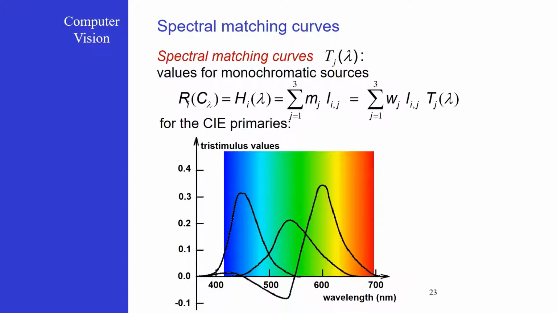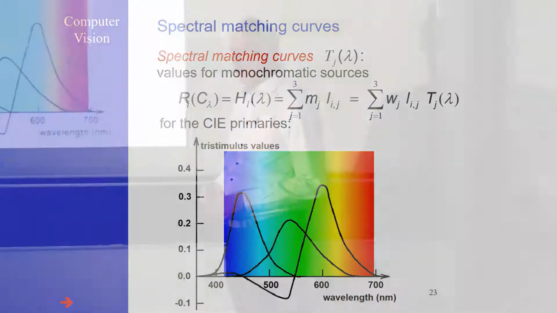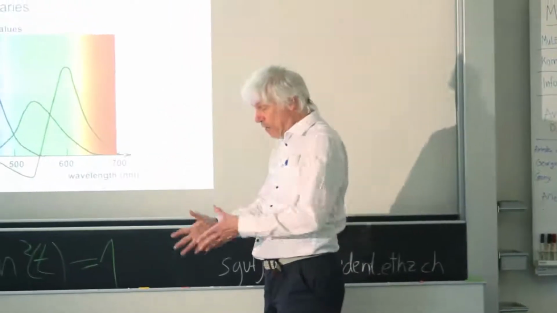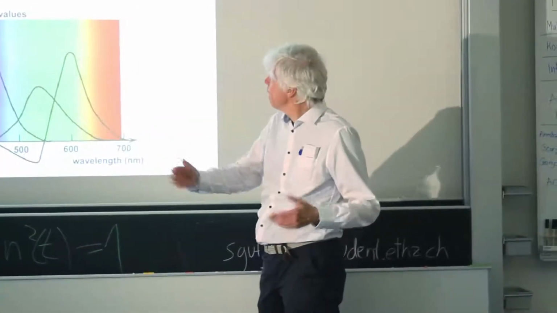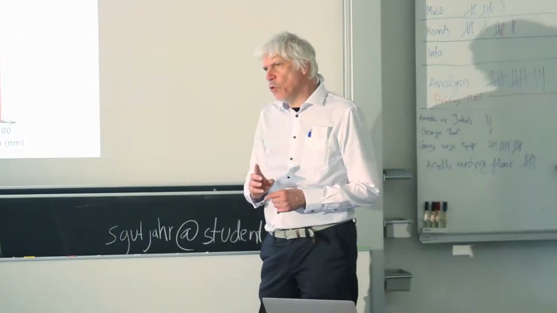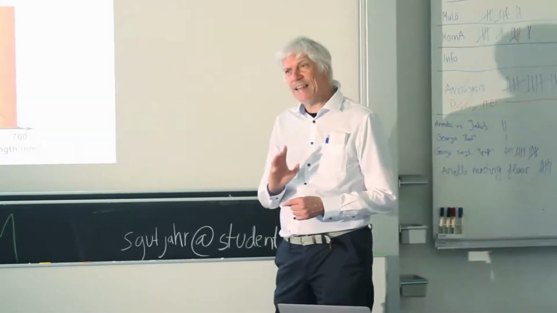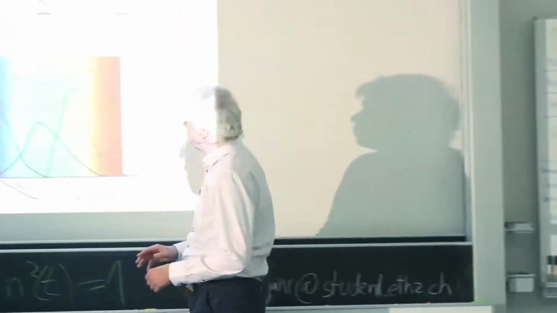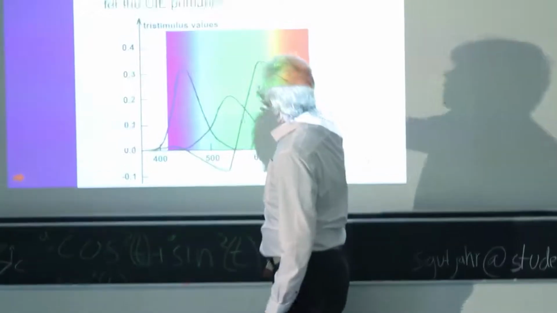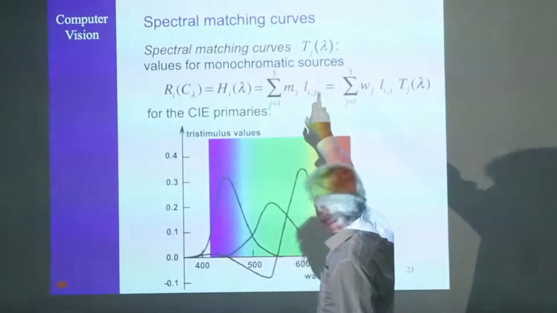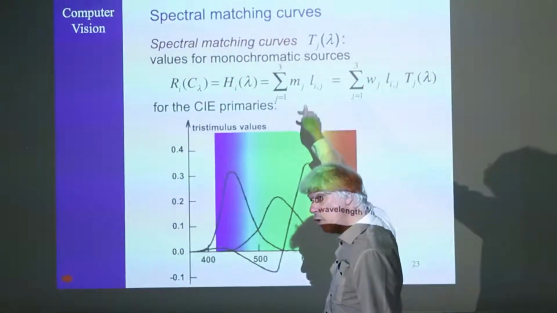Now a bit more about how people in practice can calculate the three stimulus coordinates for a given light source, C of lambda. Typically a light source will have multiple wavelengths, but we start the story by reference to what we need to do to mimic the impression of monochromatic light sources. What you have here are these spectral matching curves, Tj, that we will derive, so T1, T2 and T3.